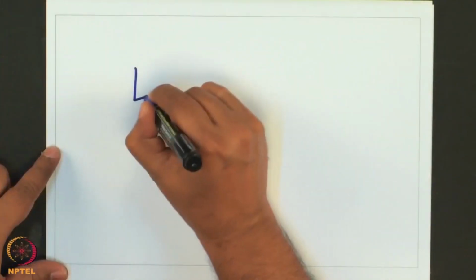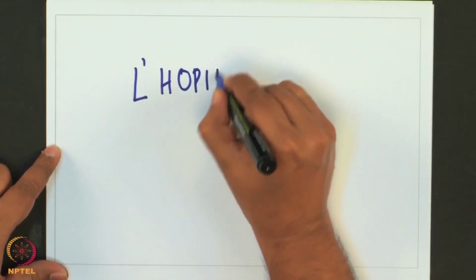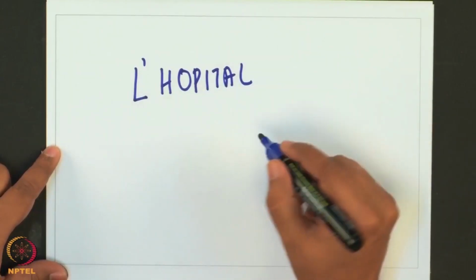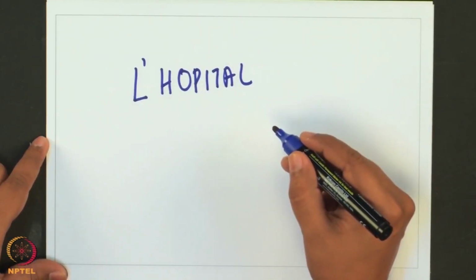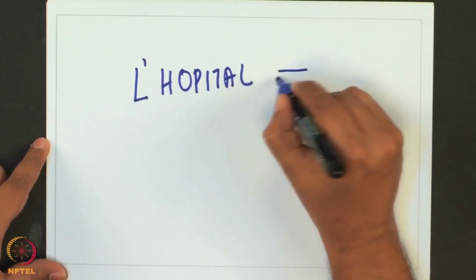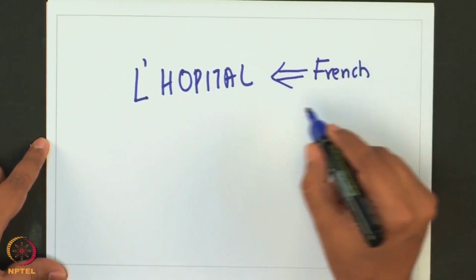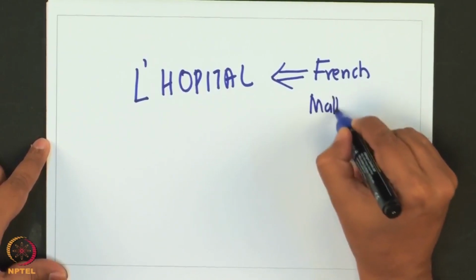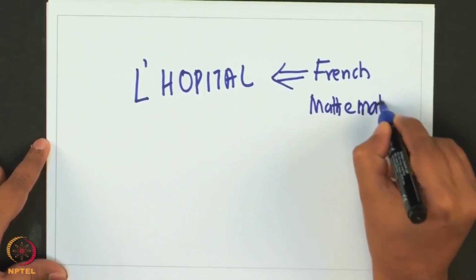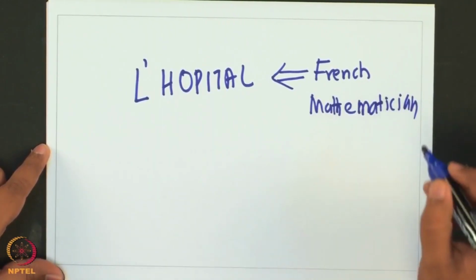So, first let us think of this rule called L'Hopital's rule. First of all, I want to say a little bit about the name. It is a person's name, Guillaume L'Hopital, a French mathematician who found this rule.